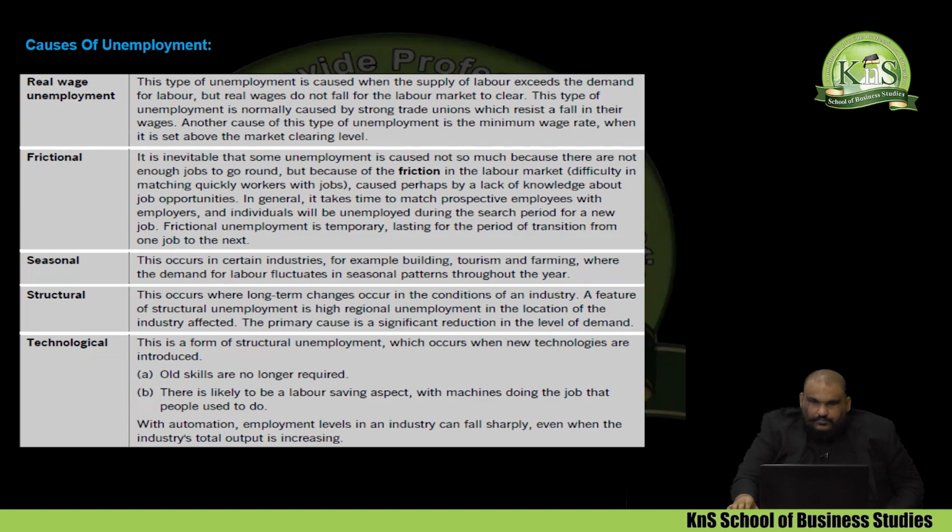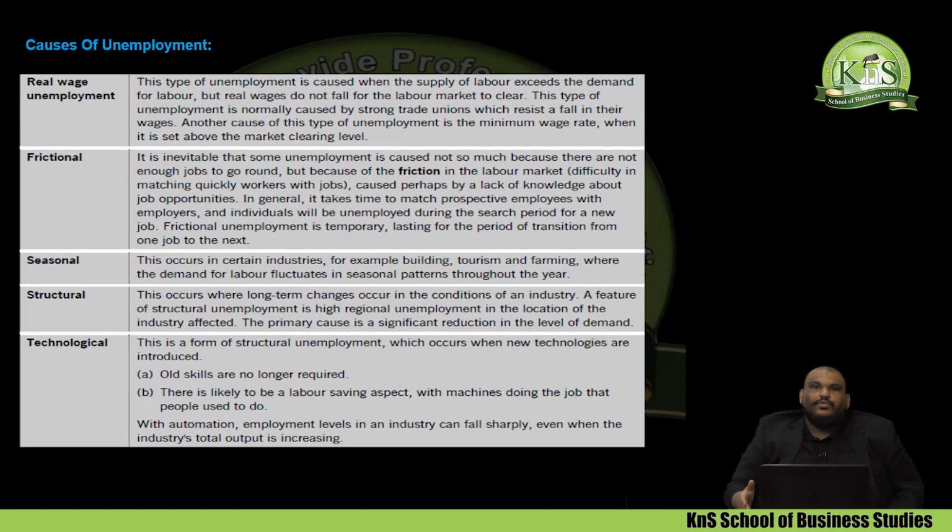Another cause for this is when trade unions step in. When trade unions demand that their members be paid a higher wage, the company disagrees and lays off those employees. This does happen, especially in blue collar jobs.